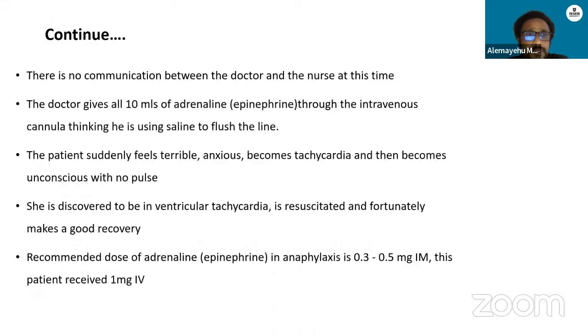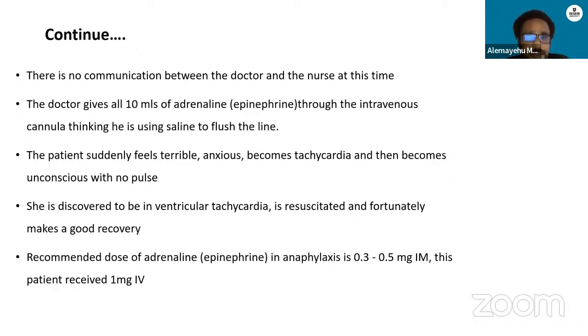Then the doctor didn't communicate with the nurse what the syringe was. I mean, what element was within the syringe, but he thinks it's normal saline, and he uses that for the patient. The doctor gives all 10 ml of this adrenaline.